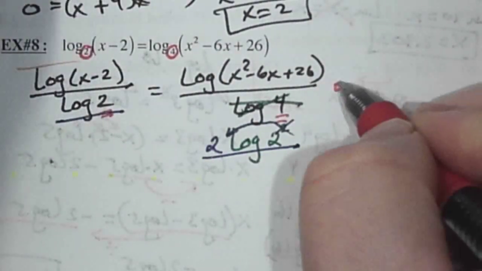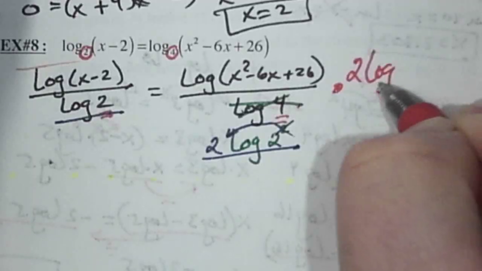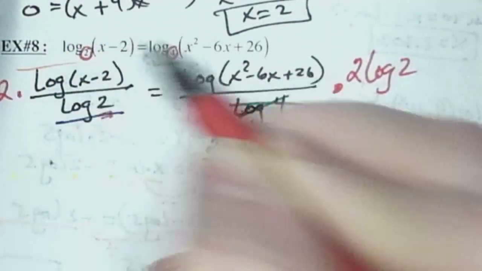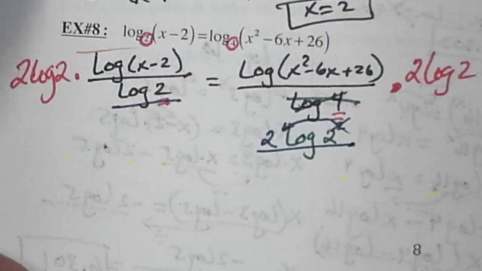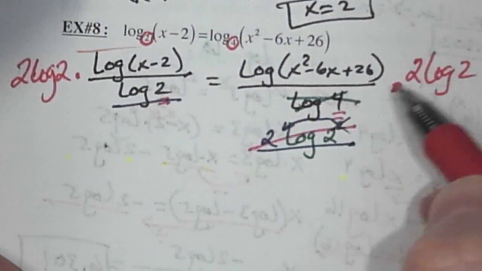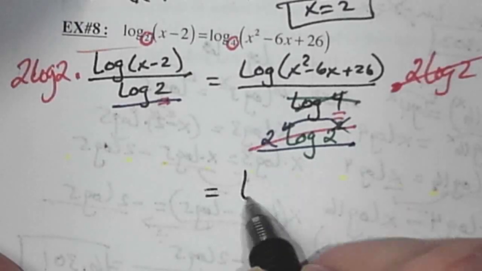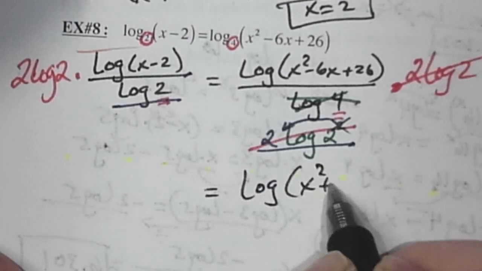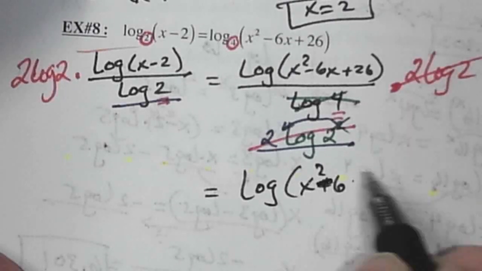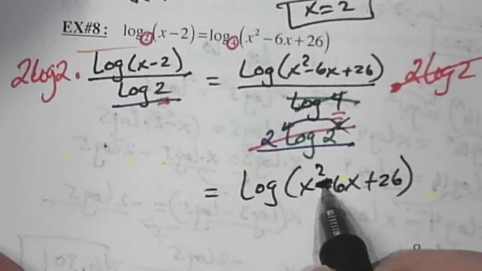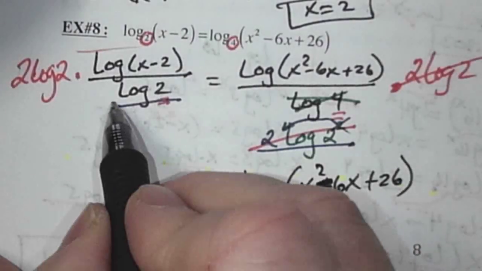If I multiply 2 log 2 to both sides, on this side 2 log 2 and 2 log 2 totally cancel out, and I'm left with the log of x squared minus 6x plus 26. That's a plus 26, trust me.